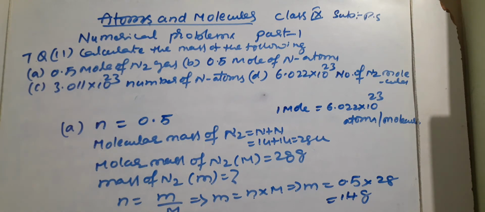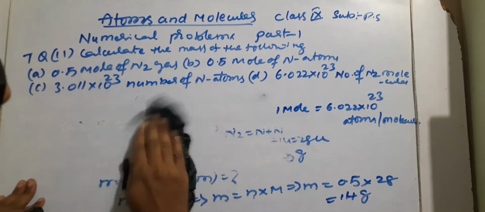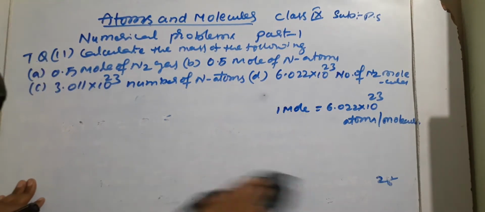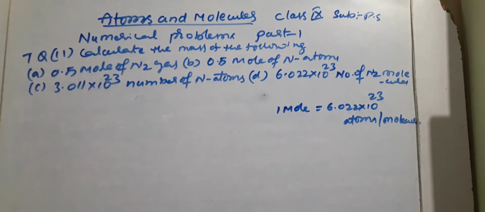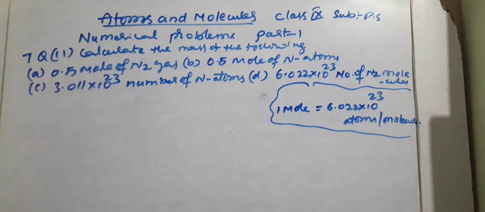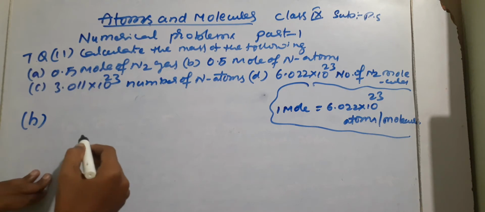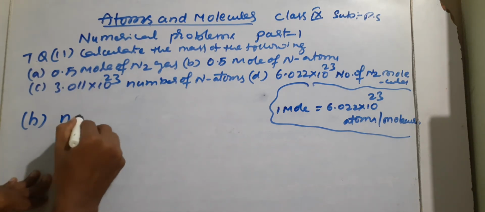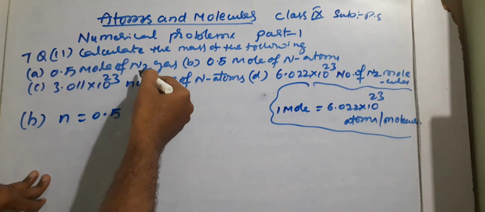problem number B, how can we solve? What is the mass? So this, you want to remember, students, is problem number B. Here also the number of moles n value is given, 0.5, but here N atoms are given, not N2.